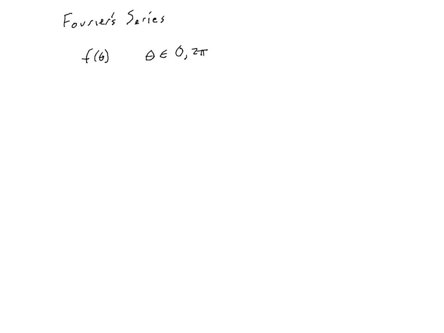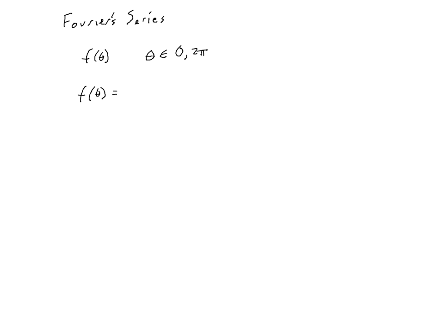Since it's periodic, your function can be the sum of every periodic function possible. This goes back to what we talked about with differential equations, where the solution is every possible solution to that differential equation. Here, the solution to a periodic function is the sum of every possible periodic function.